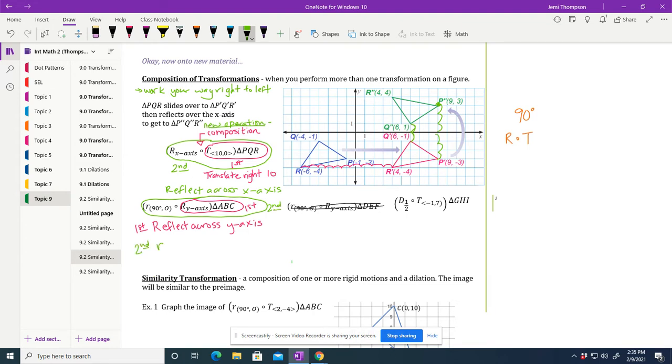Then I would rotate, so little r stands for rotate, 90 degrees. The O there stands for about the origin. Now, when I first put out these notes, I didn't finish editing this, so it doesn't make any sense. You can just cross that middle one out, and we'll just jump to the third one. The last one over here.